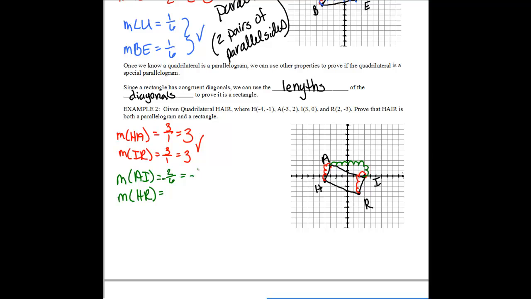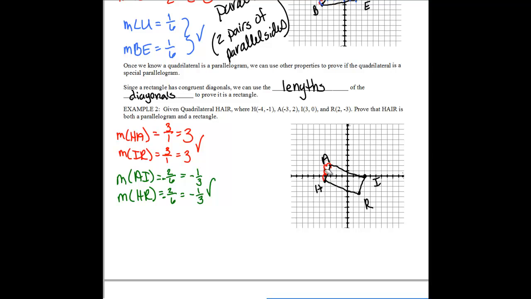That reduces to negative 1/3. HR goes up 2 and left 6. So 2 over 6, and it goes left, which makes it negative. That means it is negative 1/3. So those slopes also work. So yes, we do know it is a parallelogram.